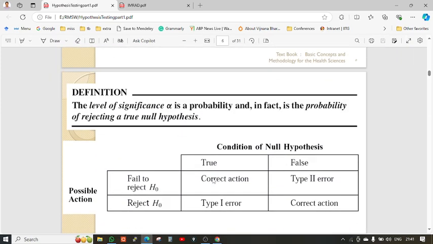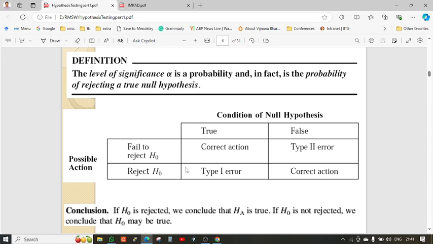So there are four conditions, which are called the types of error. What are the conditions? First, the null hypothesis is true and the action is to accept it, which is a correct decision. Second, the null hypothesis is false and the action is to reject it, which is a correct decision. If the null hypothesis is false but we accept it, that is a type 2 error.